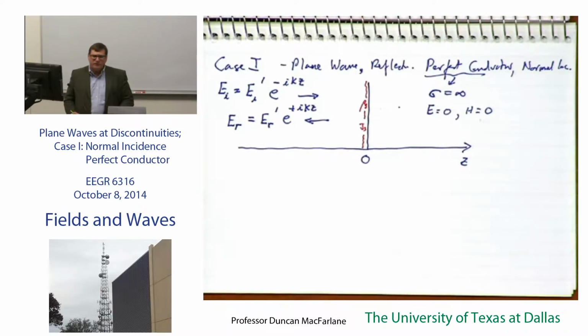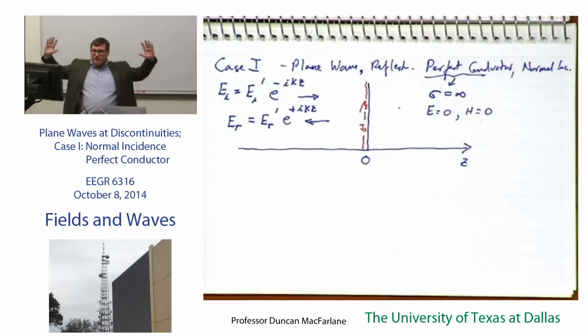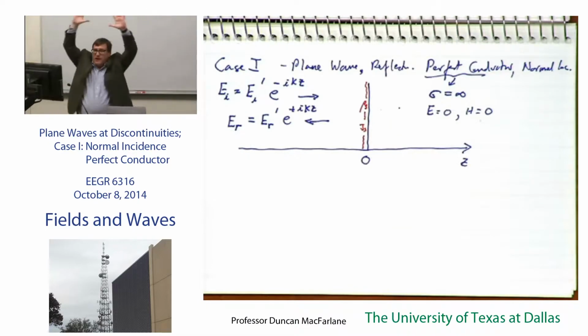Now, one last word about the plane wave and the plane interface. There's two planes, P-L-A-N-E-S, in this problem. There's the plane wave that's moving in the positive z direction. And remember, the reason we call it a plane wave is that its amplitude at any instant of time doesn't change with x and y. And similarly, this metal surface is also an infinite plane, an infinite superconducting plane.